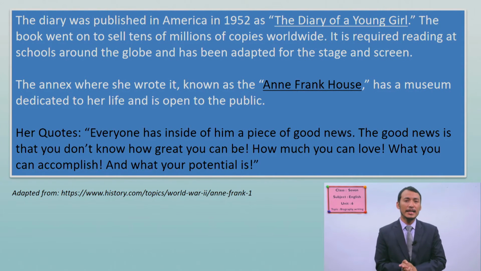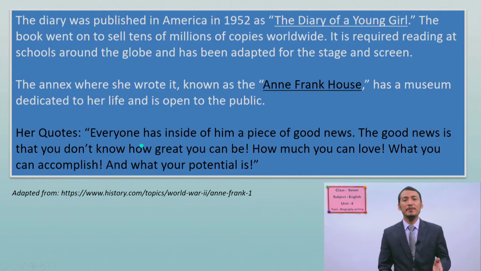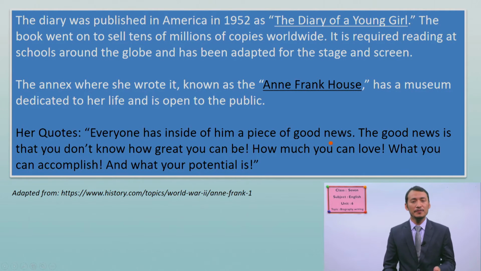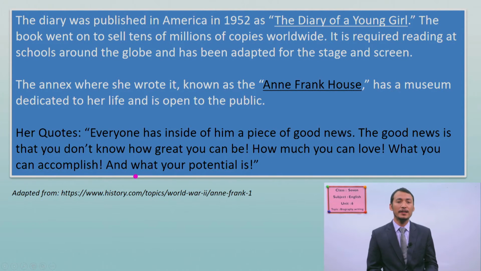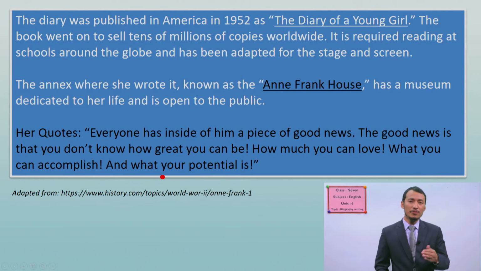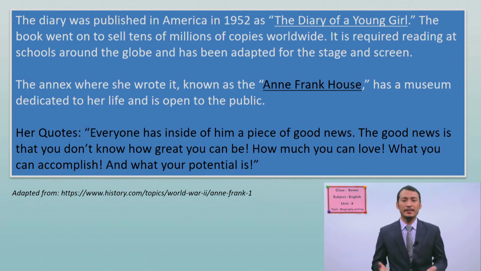She says in one of her diaries that everyone has inside a piece of good news. The good news is that you don't know how great you can be, how much you can love, what you can accomplish, and what your potential is. She sees the potential in everyone, that they can be the greatest people in the world.